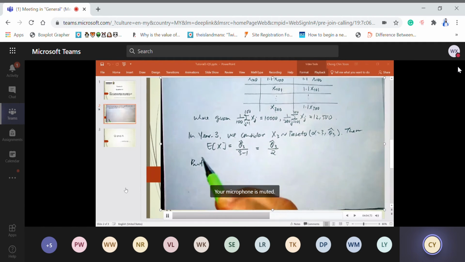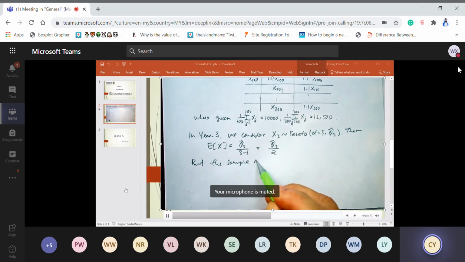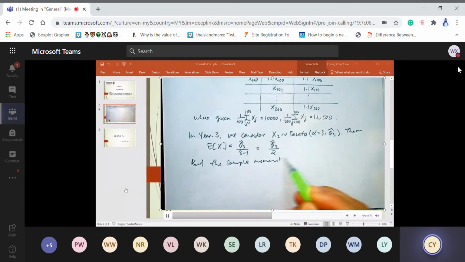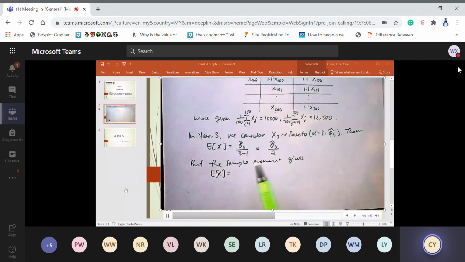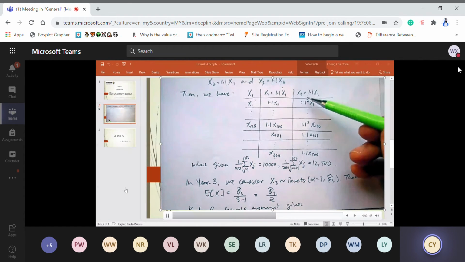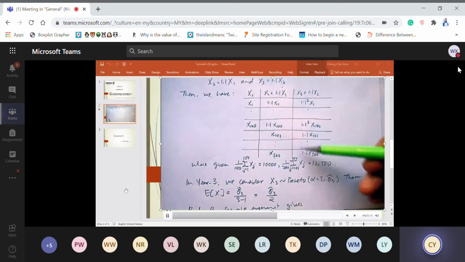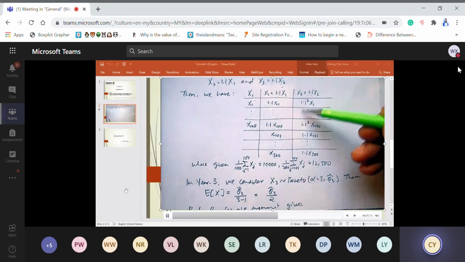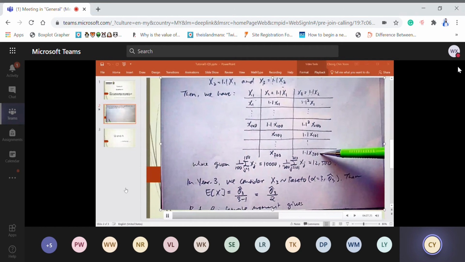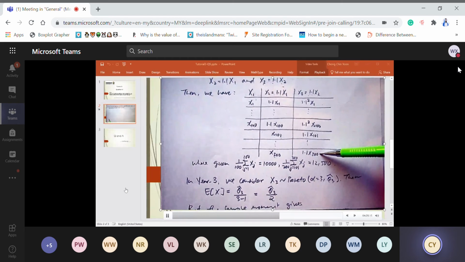But the sample moment will give the first raw moment, which equals the average of the data from year 3. So we sum up all this data divided by 300.